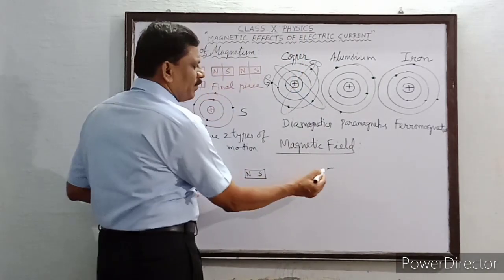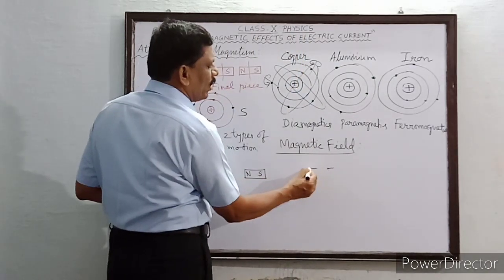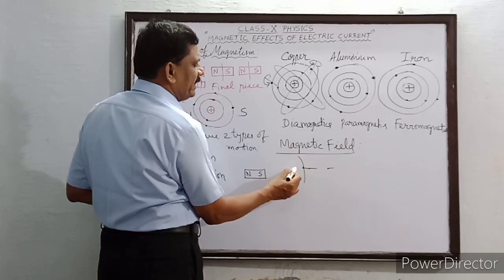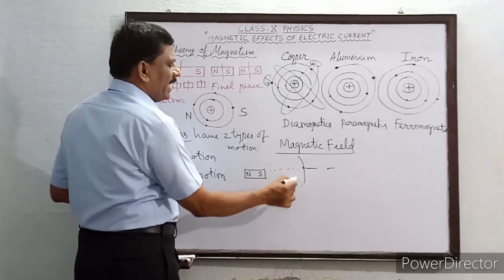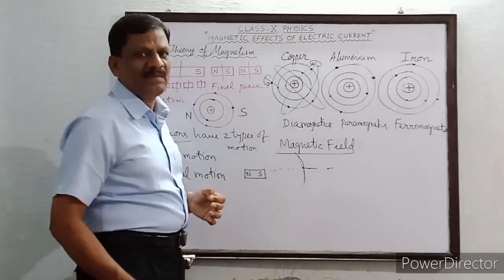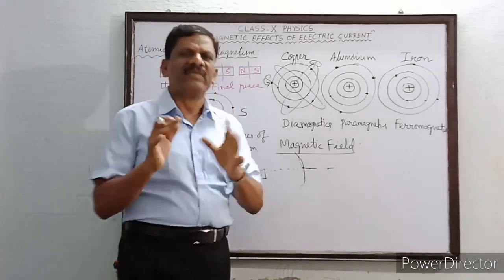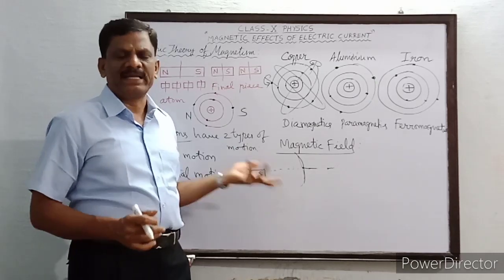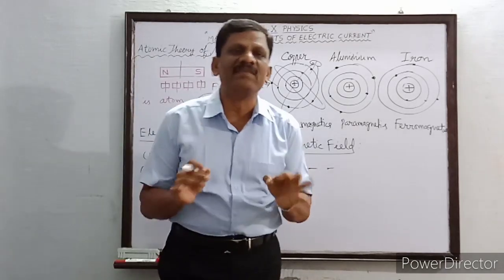Suppose the pin is brought to a closer distance, and I find that after reaching this distance, and only inside it, I am able to experience the magnetic force. So this region or space surrounding the bar magnet or any magnet is called the magnetic field.